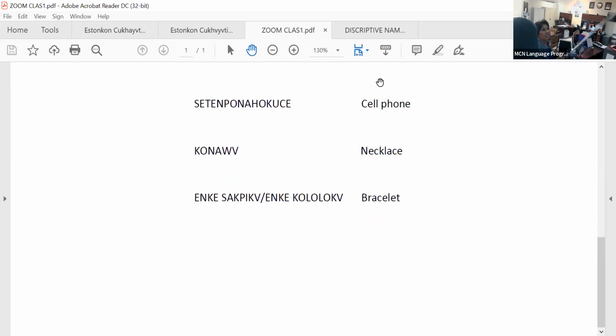Right here it says ingi sakpega for bracelet. Ingi is hand. Sakpega means you put it in, but the way my family said it was ingi golologa. Golologa means to circle around your hand.